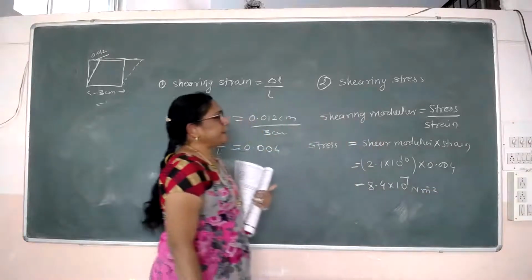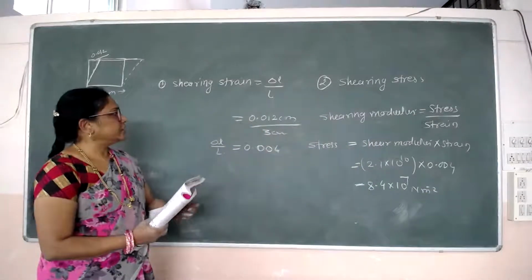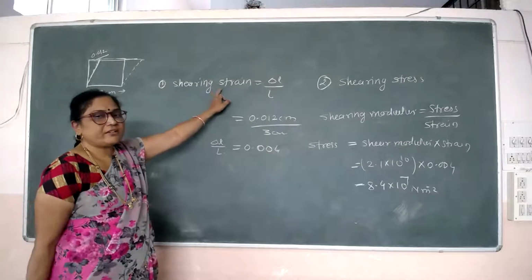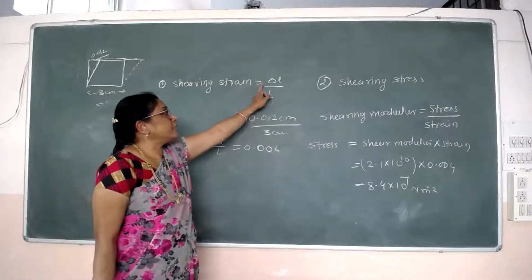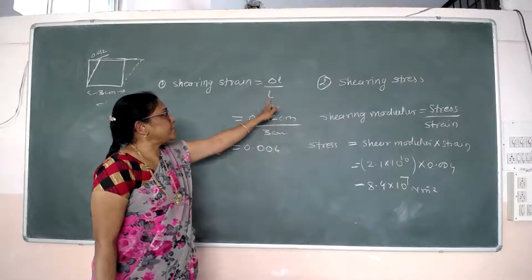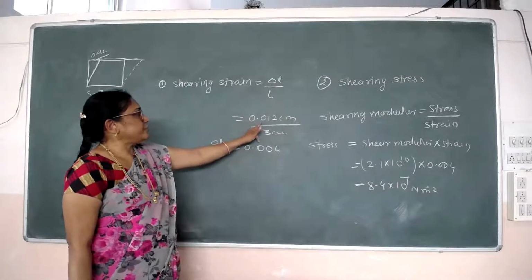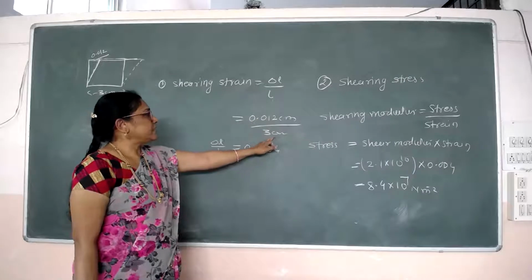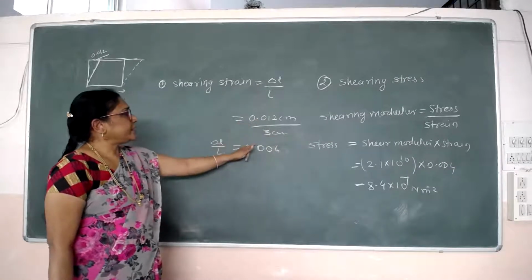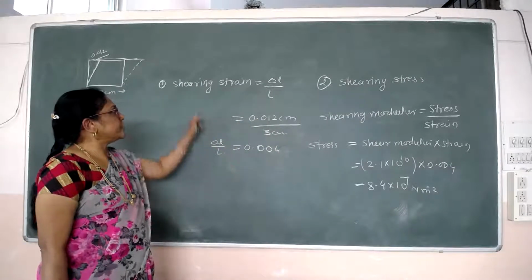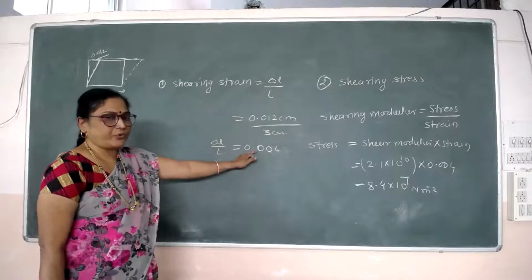So in this way, the second sub question is also solved. The first one is the shearing strain: change in length divided by original length. This 0.012 value is given, 3 centimeter is also given. Divide this value, then we have the shearing strain equal to 0.04.